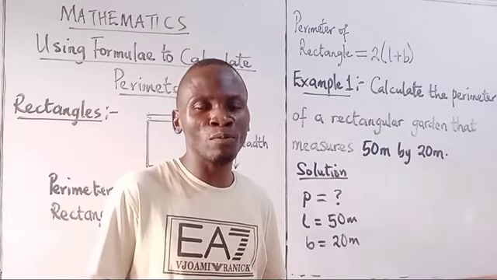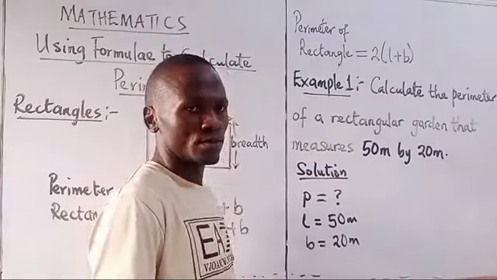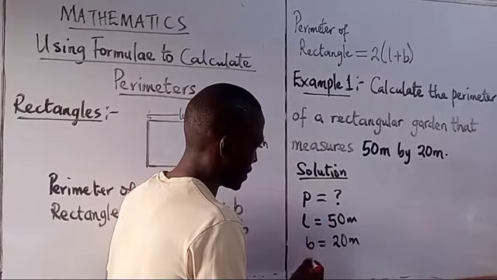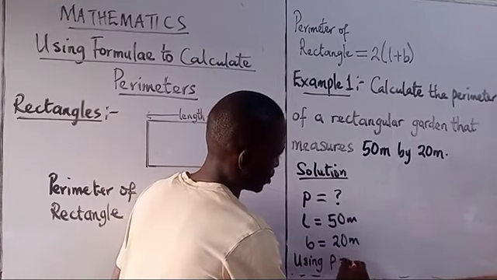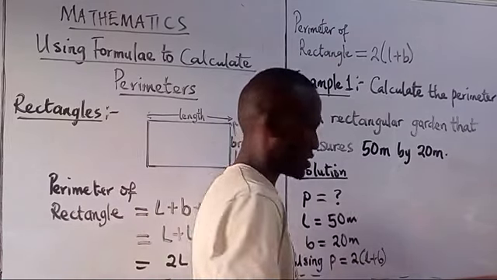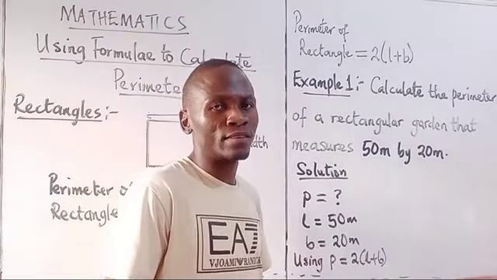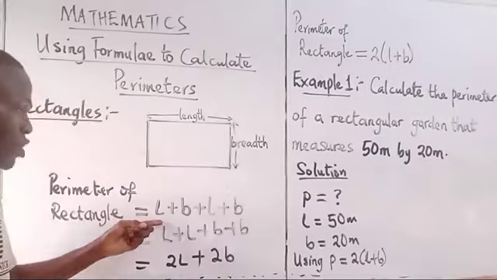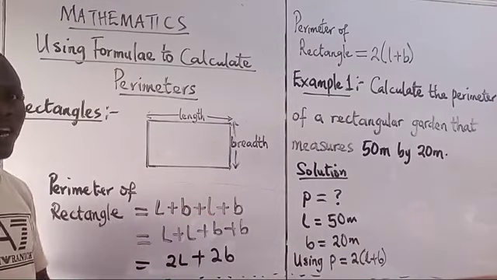We bring our formula in. The formula for calculating the perimeter of a rectangle is P equals 2 into brackets L plus B. Don't forget that I said that we can decide to use this other formula, P is equal to L plus B plus L plus B. We can decide to use that.